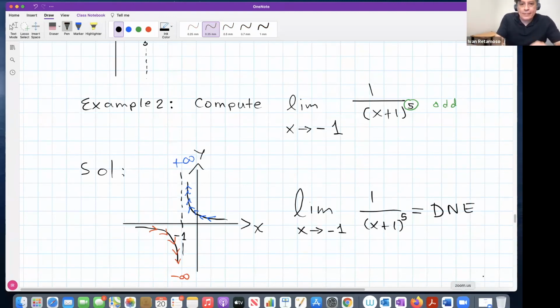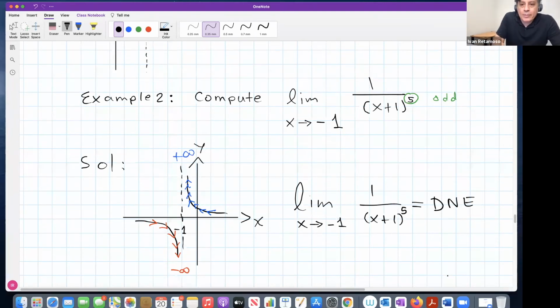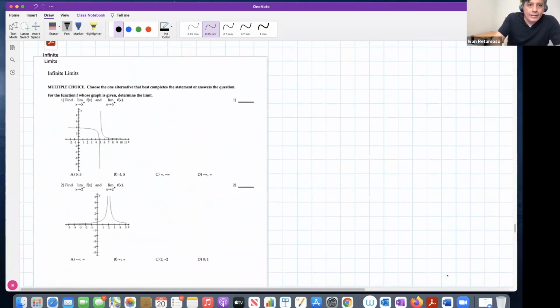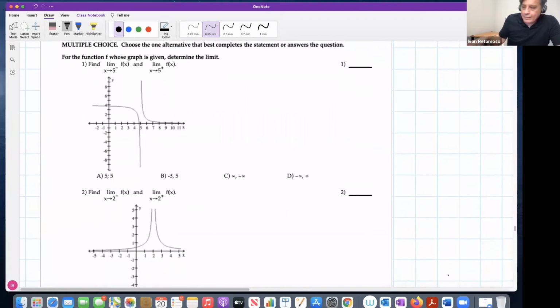Very good. So probably we should practice now. Can you figure this out, guys? Number 1 first. Find the limit of this function, whose graph is this, as x approaches 5 from the left. And then figure out the limit of the function, whose graph is this, as x approaches 5 from the right.